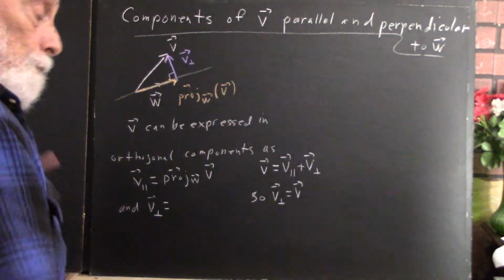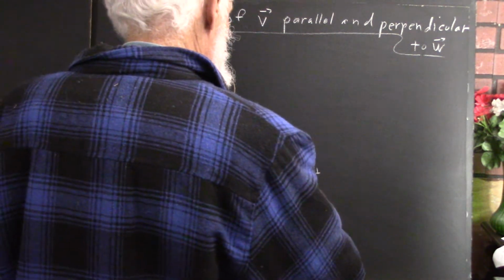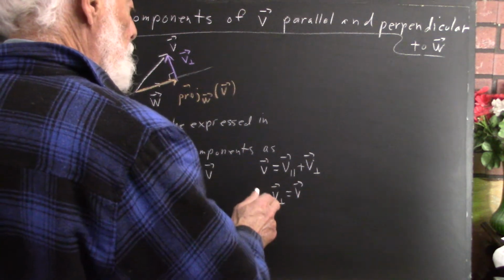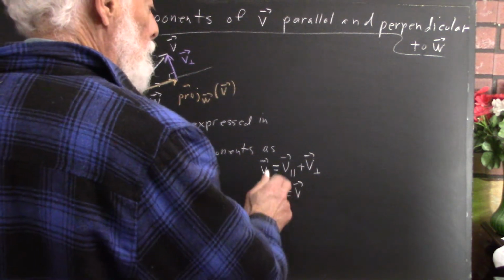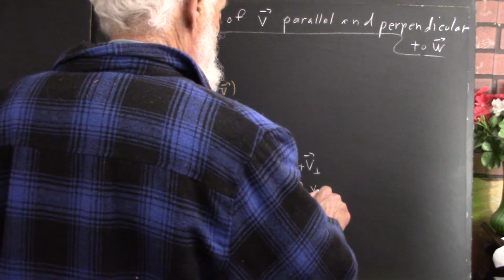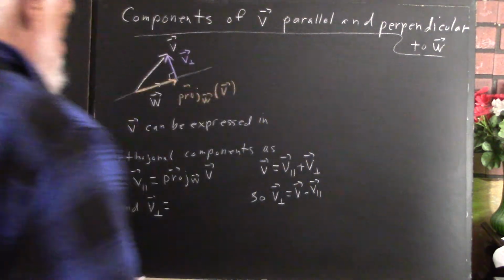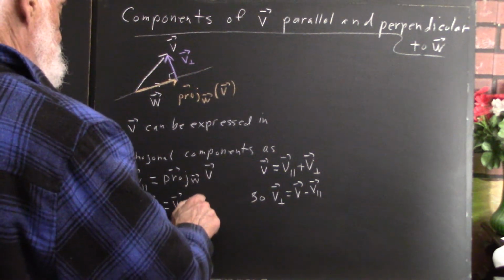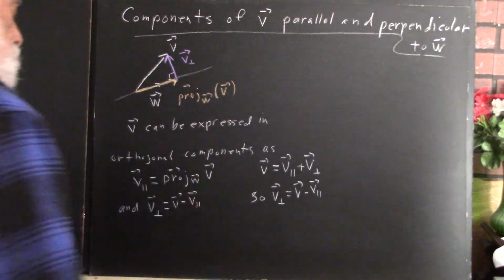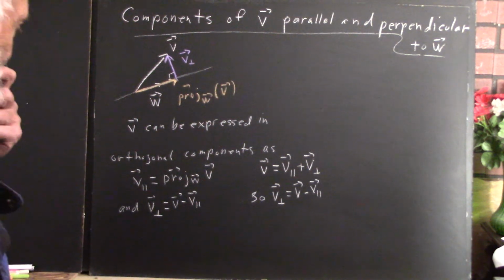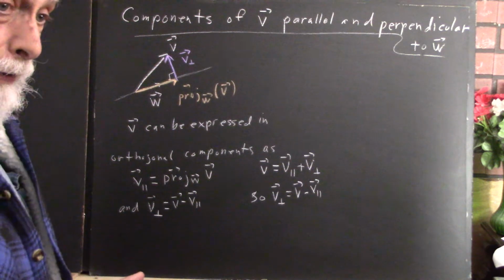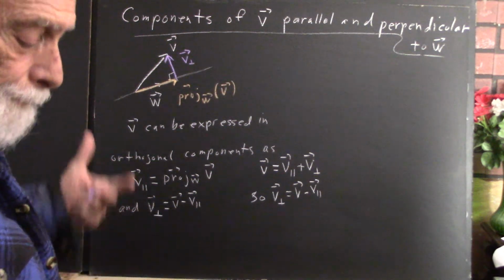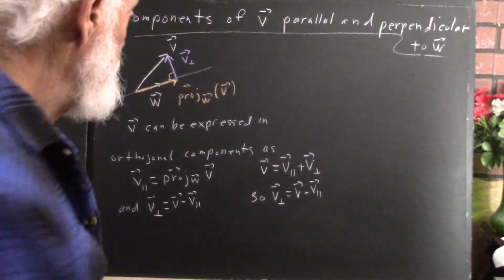So using what we know, we see then that V perpendicular, the orthogonal component of V, is V minus V parallel.